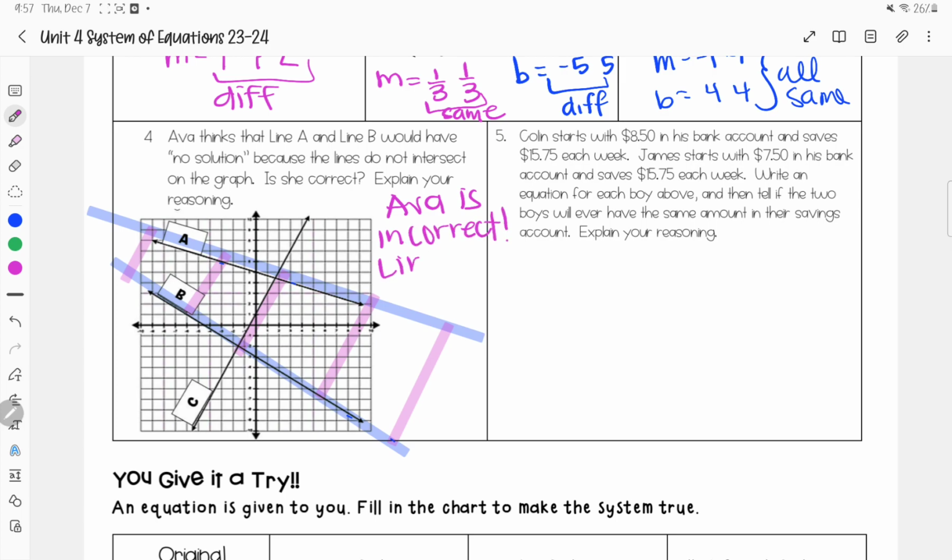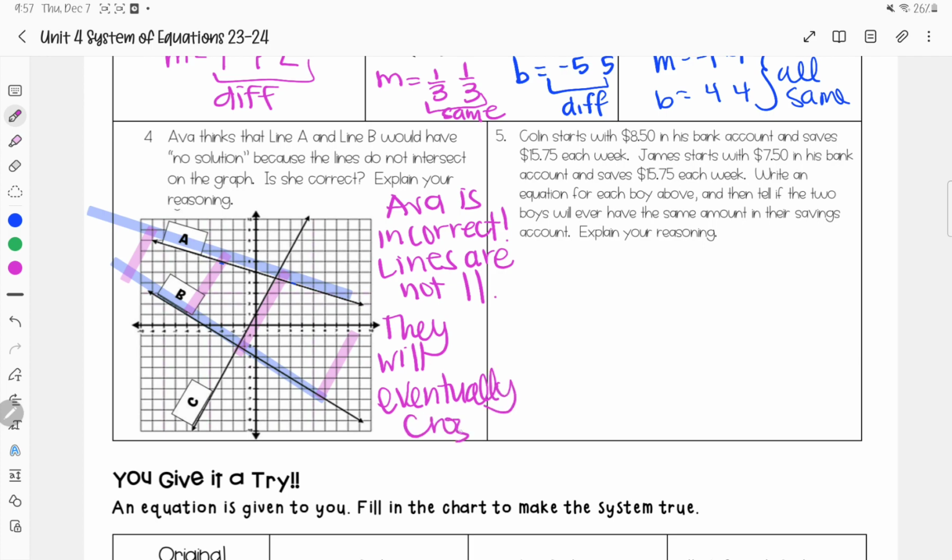So lines are not parallel. And I'm going to just do the symbol for that. So lines are not parallel. They will eventually cross. Now, if I said, how many solutions does line B and line C have?